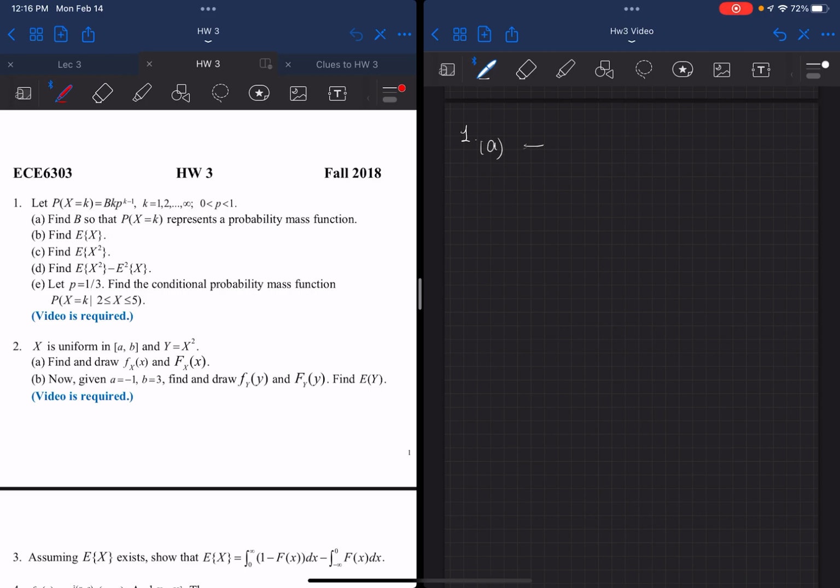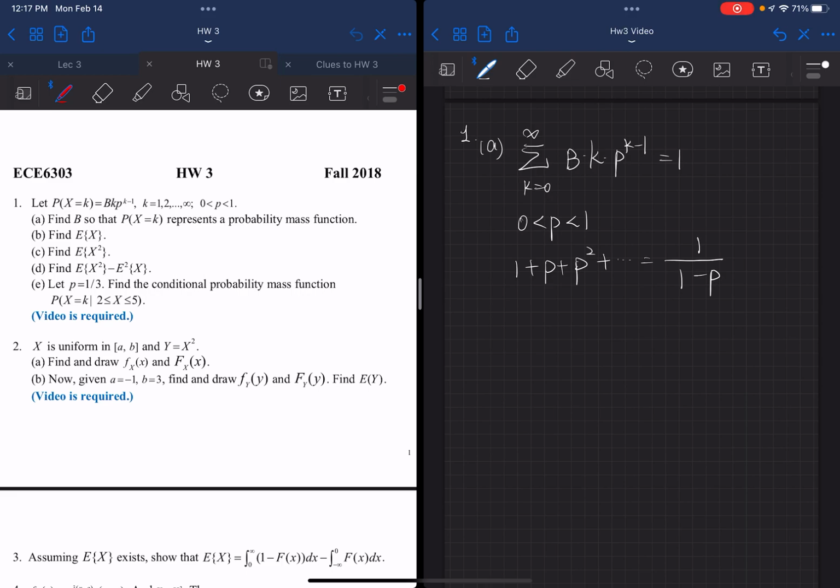So we have this summation from k equal to 0 to infinity equal to 1. And since we know that p is between 0 and 1, we have 1 plus p to the power of 2, this equals 1 minus p to the power of 2.